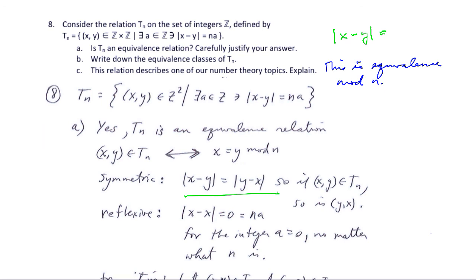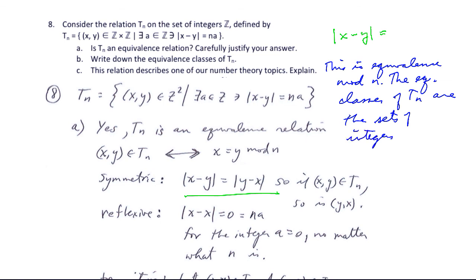And that's because the equivalence classes of Tn are the sets of integers that are equivalent to each other mod n. Okay, so that should finish up this one. I hope that helps. Hope that's clear.